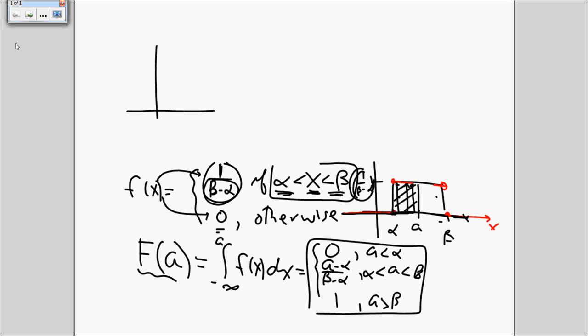The f function from alpha to beta is 1 over beta minus alpha.